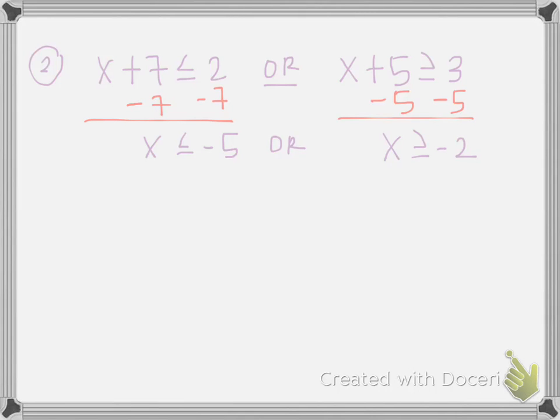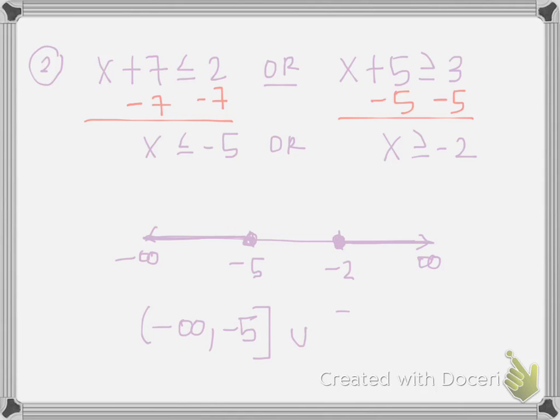So it's either or. At negative 5, we're going to be less than negative 5, and we're going to be greater than or equal to negative 2. So at negative 2, we're going to have a closed circle, and at negative 5, we're going to have an open circle. It's everything to the left of negative 5, and everything to the right of negative 2. So my intervals here will be negative infinity to negative 5 with a parenthesis, and the bracket at negative 2 to infinity.